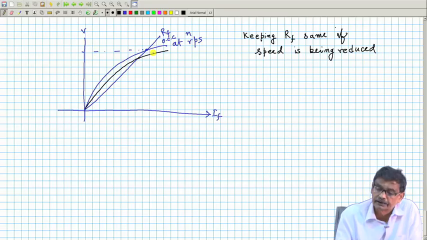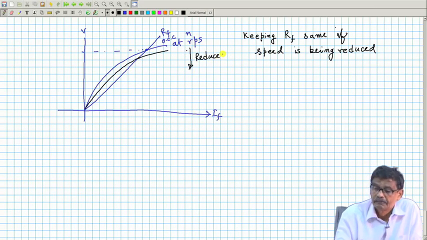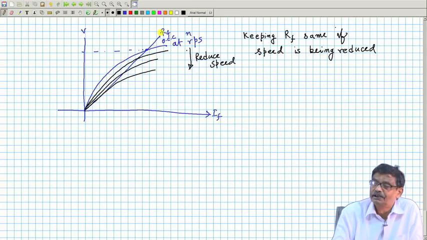We have discussed that. Now, in this way, if you go on reducing the speed, then your OCC will come here. So, a time will come, you will get an OCC which will be tangential to the present field resistance line.